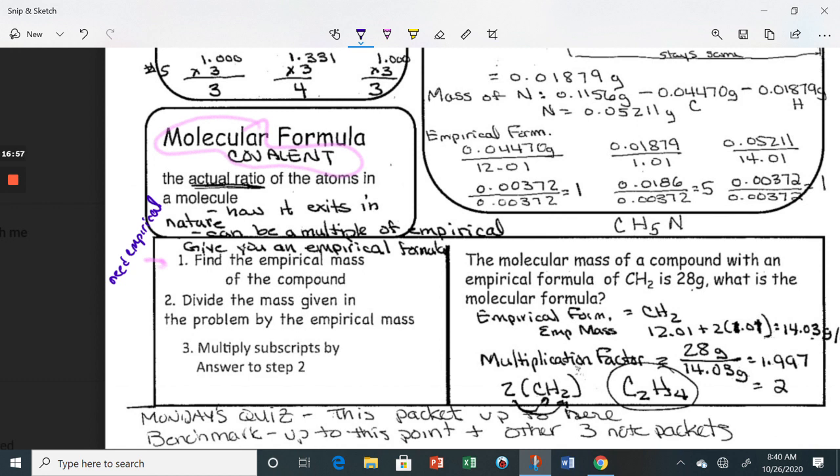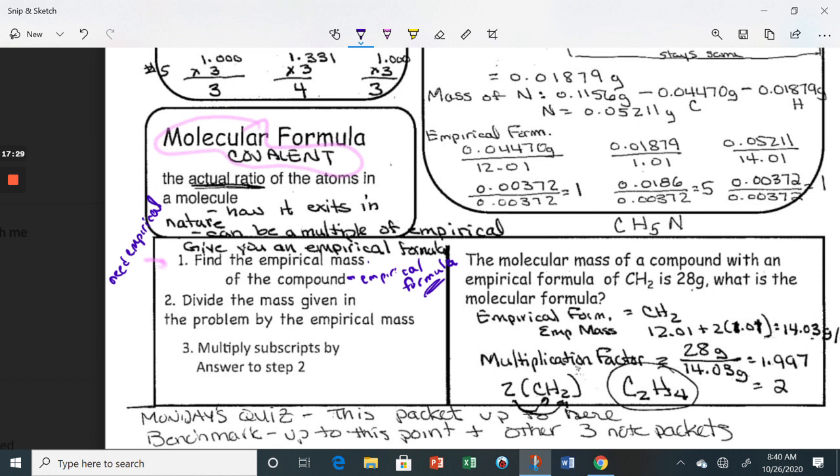So you have to find what I call the empirical mass of the compound, and this is of the empirical formula. A lot of times it's a two-step problem all lumped into one, because you do the empirical formula first and then you do the molecular. So once you have this, by adding up all the formula weights, just like you normally would, you're going to take that mass and divide it into the mass that's given for the molecular mass.